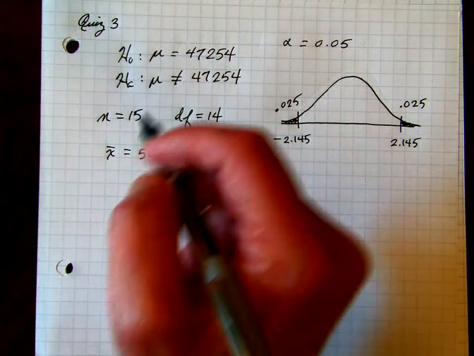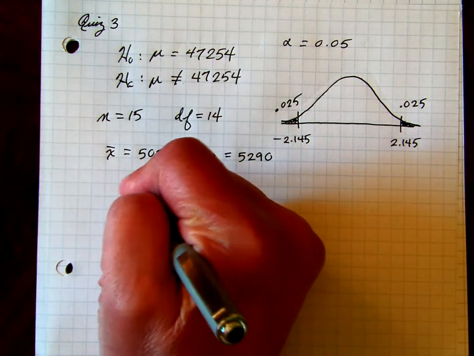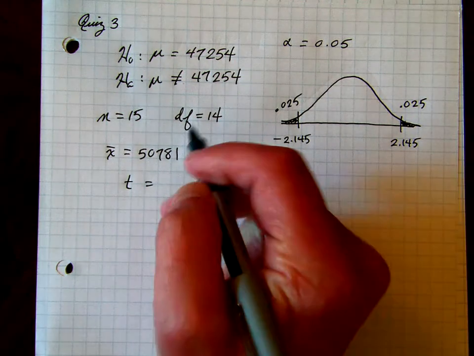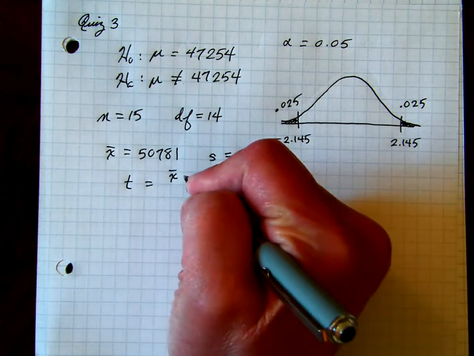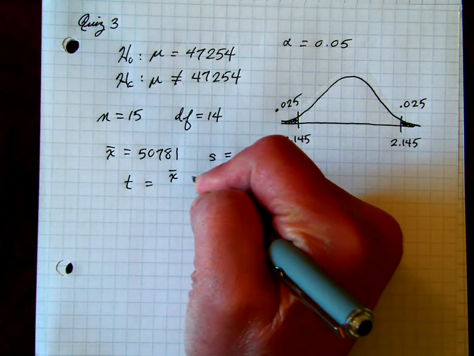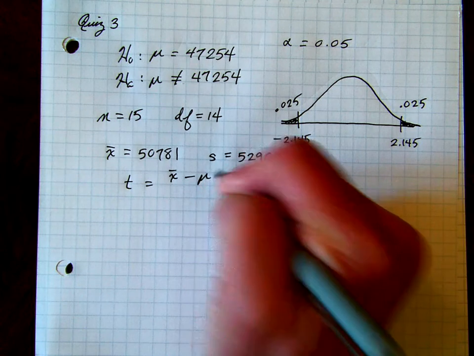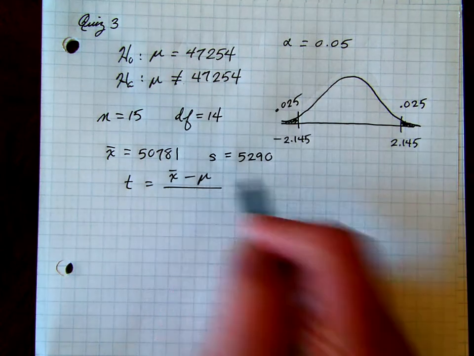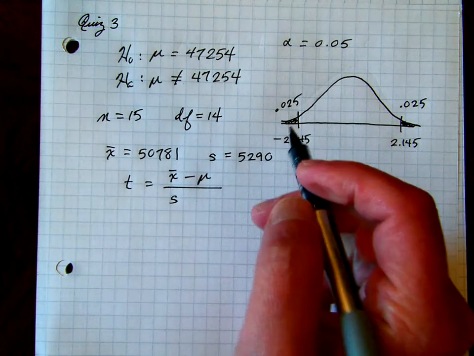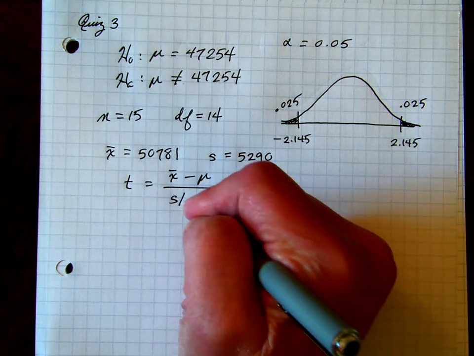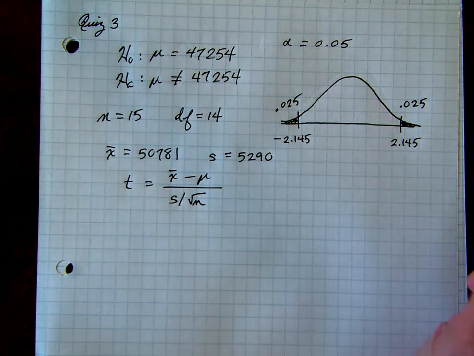We have all of our pieces now, because remember, when we take our critical number and compare it with our statistic, the statistic is a t-statistic, and it goes the same way as many of our calculations. You take x bar, you subtract the supposed mean, you divide by, well, it's not standard deviation, it's sample standard deviation, S instead of sigma, but we still have to divide by the square root of n.